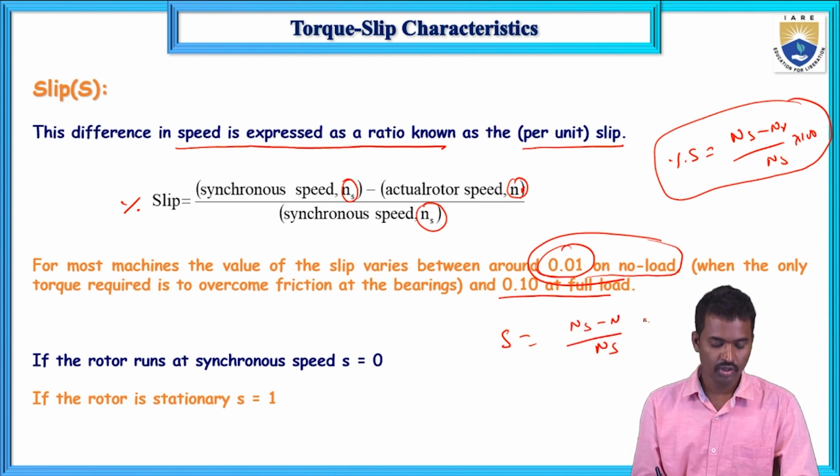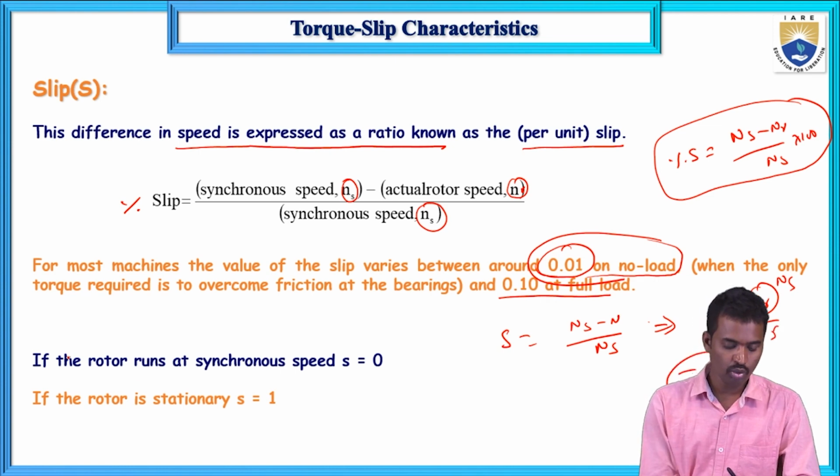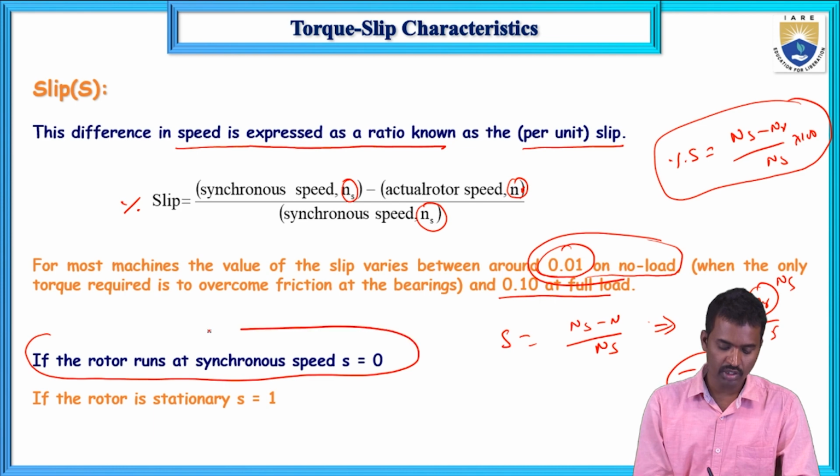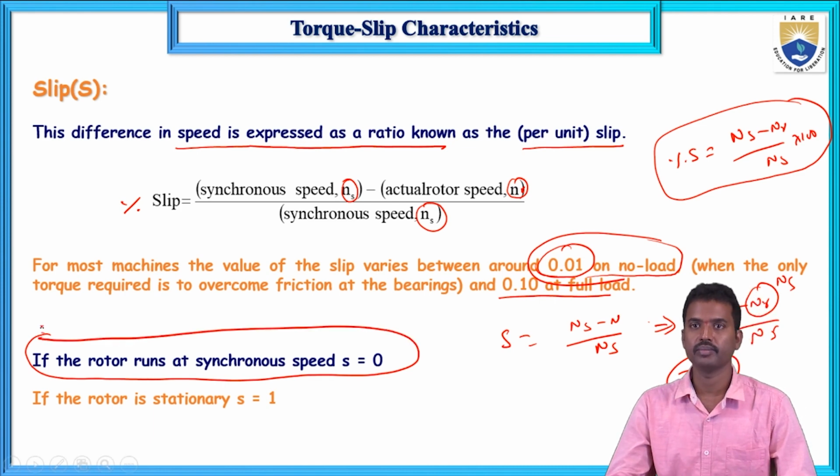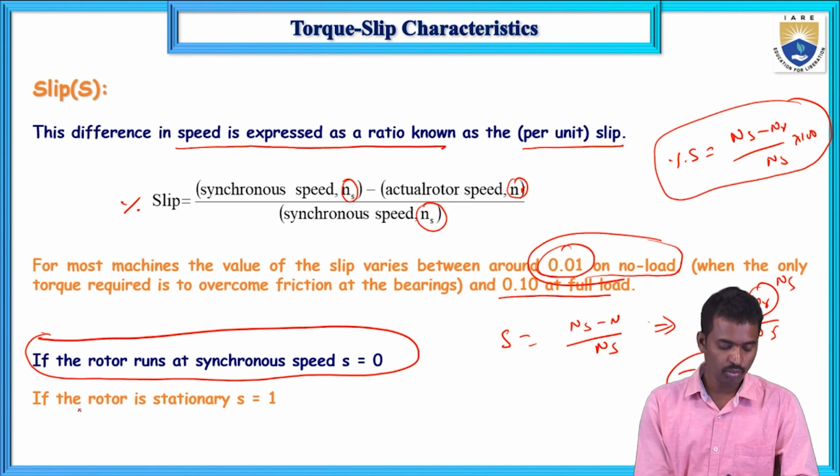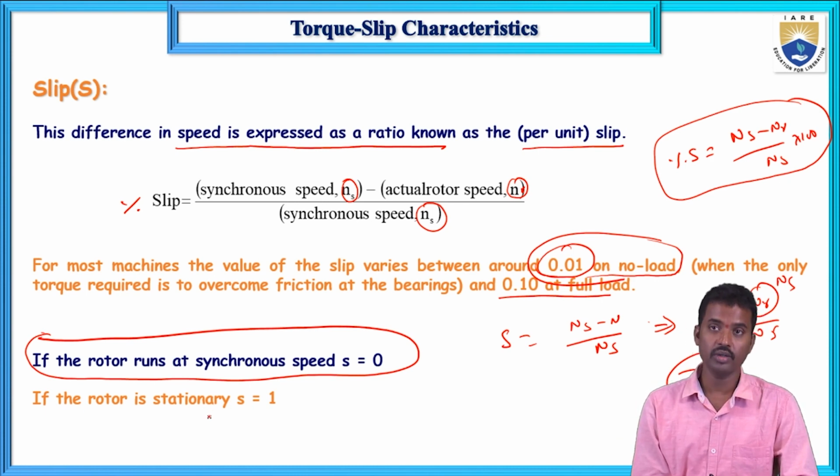If the motor runs at synchronous speed, Nr equals Ns, so Ns minus Ns is 0. If the motor runs at synchronous speed, the slip value is 0. This is most important.